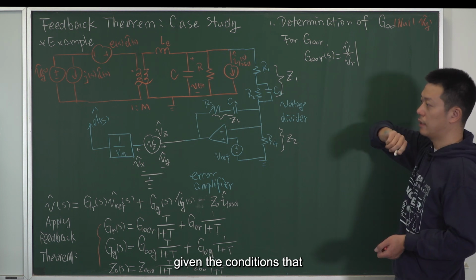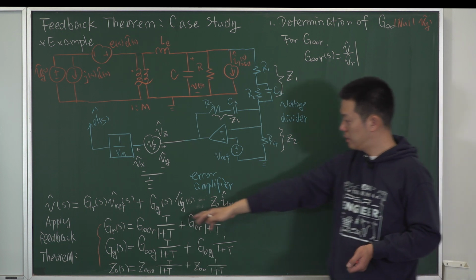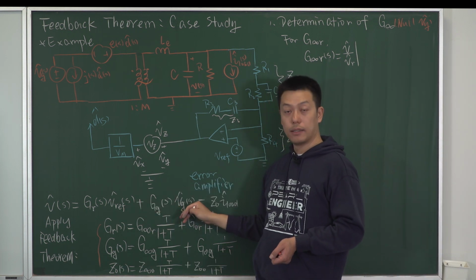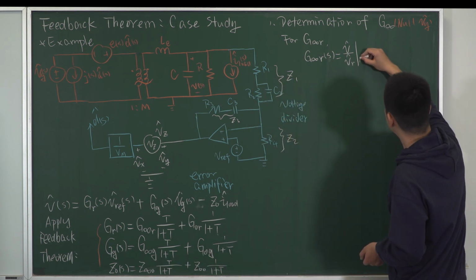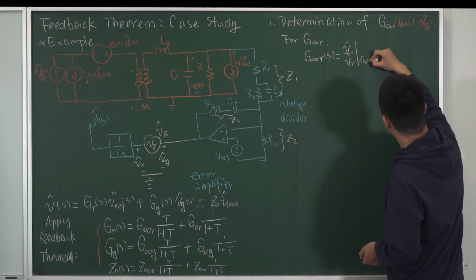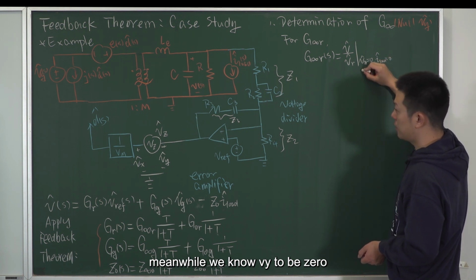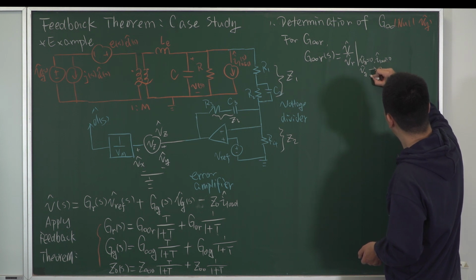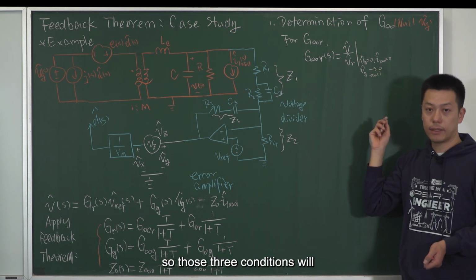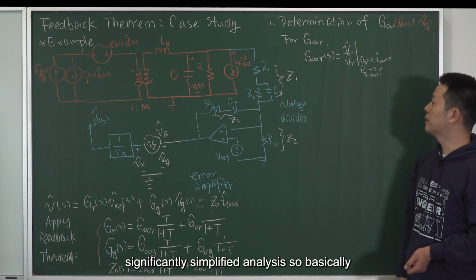Given the condition that here we care about the impact of the reference, we consider the line input and load input both to be 0, and meanwhile we know Vy is not 0. Those three conditions will significantly simplify the analysis.